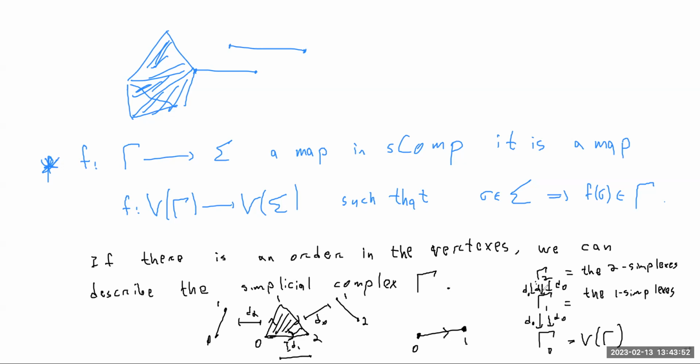Also, I can describe the vertices by composing these maps, right? And so on. If we continue above, we need more, like in the pyramid, which is a 3 simplex, there are 4 2-simplexes as its faces, right? We can describe it in this way.